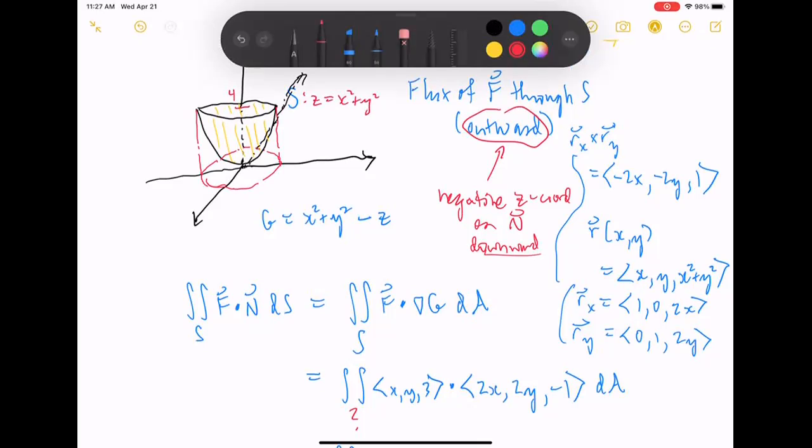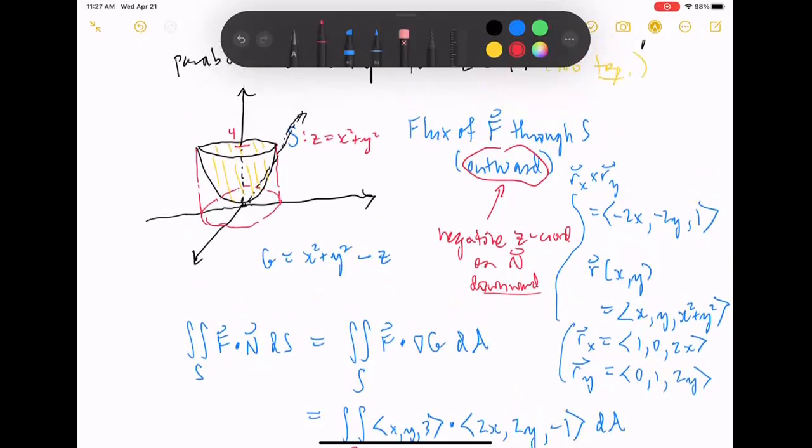So z equal to 4 and z equal to x squared plus y squared tells me that this curve that represents the shadow of this surface down in the xy plane is given by what? x squared plus y squared what? Equals 4, right? So this thing is a circle of radius 2, if you will, yeah? That's what the shadow of this thing kind of looks like down here.